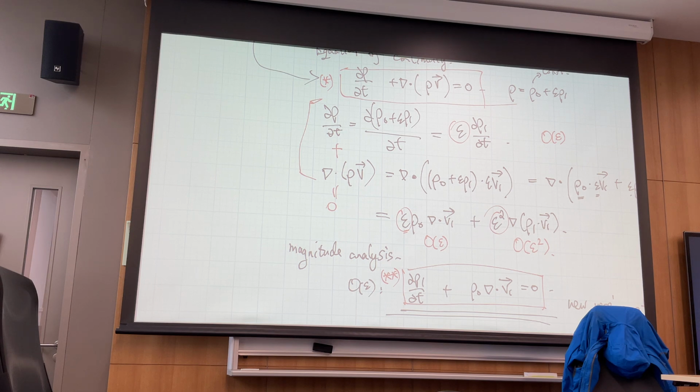But what about my equation star star? Rho 0 is a constant.